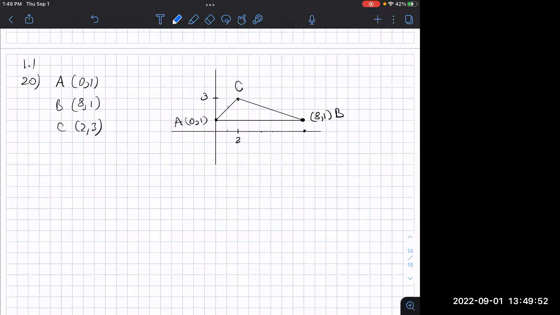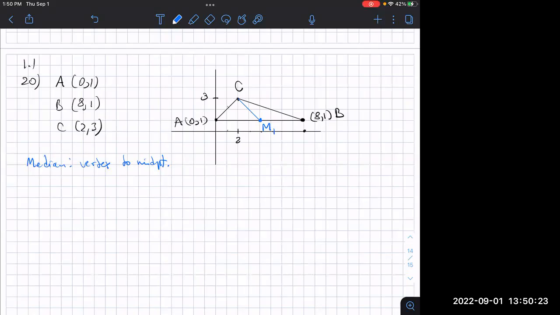The median connects a vertex to the midpoint of the side opposite. For example, if I look at the midpoint of AB, let's call it M1. Then when you connect C with M1, you get a median, right?